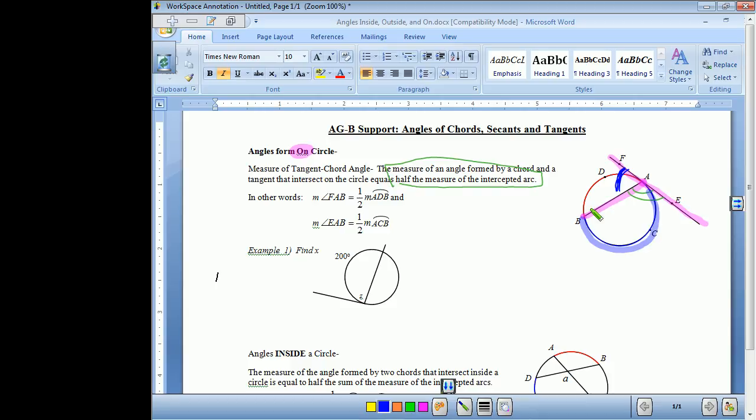So if the vertex lies on the circle, it's half, whether it's an inscribed angle or an angle that is on the circle. Okay? Alright, so if this is 200, what is this angle? 100. 100 degrees. Okay, everybody add that into your notes, please.